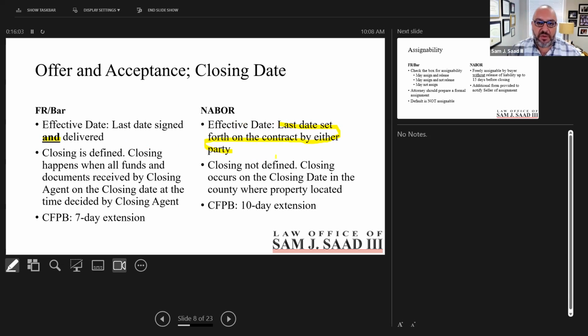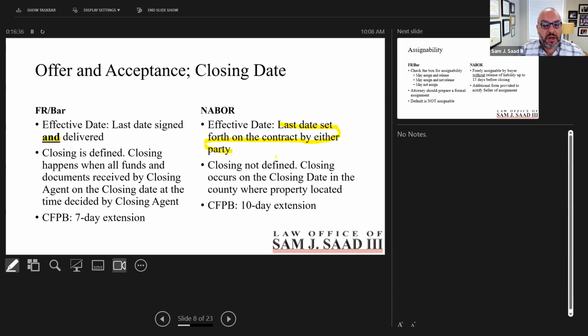NABOR becomes effective when everybody has signed it, but you still have to deliver the contract back to the other side. It's just that the effective date may not be the delivery date. With FRBAR, the effective date is the delivery date. As an example, I like to give, it's 10 o'clock at night, you finish negotiations, the contract has been sent around for signatures, everybody is signed on today, but you are tired and you've gone to bed and you don't deliver the contract until tomorrow morning.